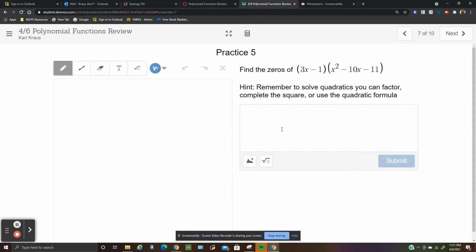And then find the zeros. So you have 3x minus 1 equals 0, or x squared minus 10x minus 11 equals 0.